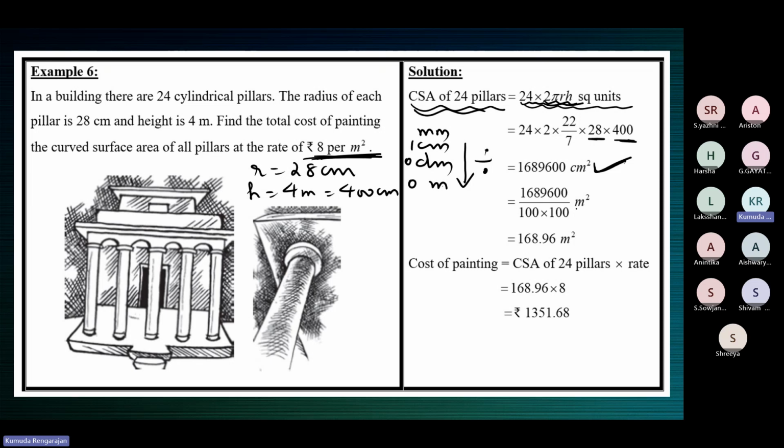To convert centimeter to meter, we need to divide by 100. To convert centimeter square to meter square, do the same thing 2 times. So again divide by 100. So it will be 100 into 100. Dividing by 100 2 times is like dividing by 10,000.